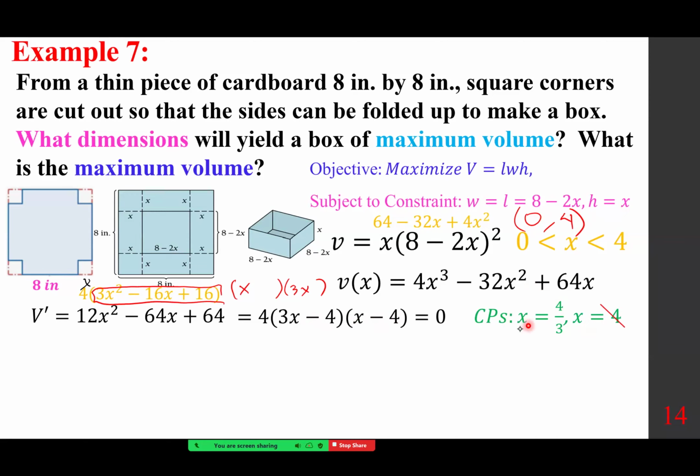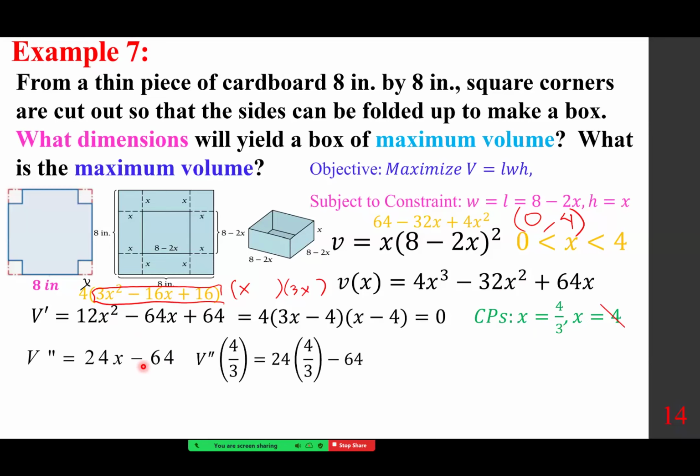And so we are going to differentiate again. (24x minus 64). The second derivative test says plug in the critical point, in this case 4/3, and evaluate it to see if it's positive or negative.